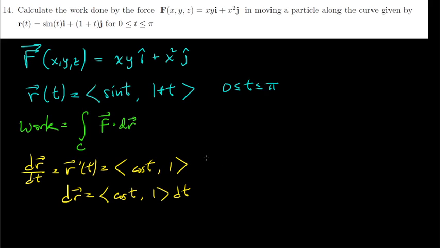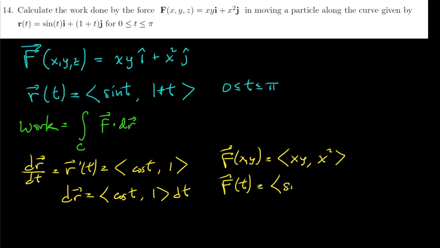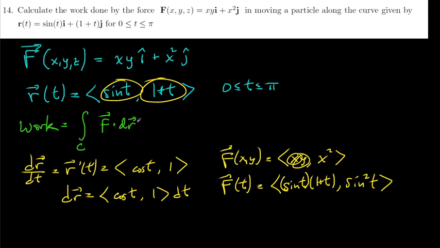And of course F is a function of x and y, it's xy, x squared. But in terms of t now, remember x is sine of t and y is 1 plus t. So sine of t times 1 plus t, and then x squared is just sine squared t. So I'm just substituting for x and y in these components here.